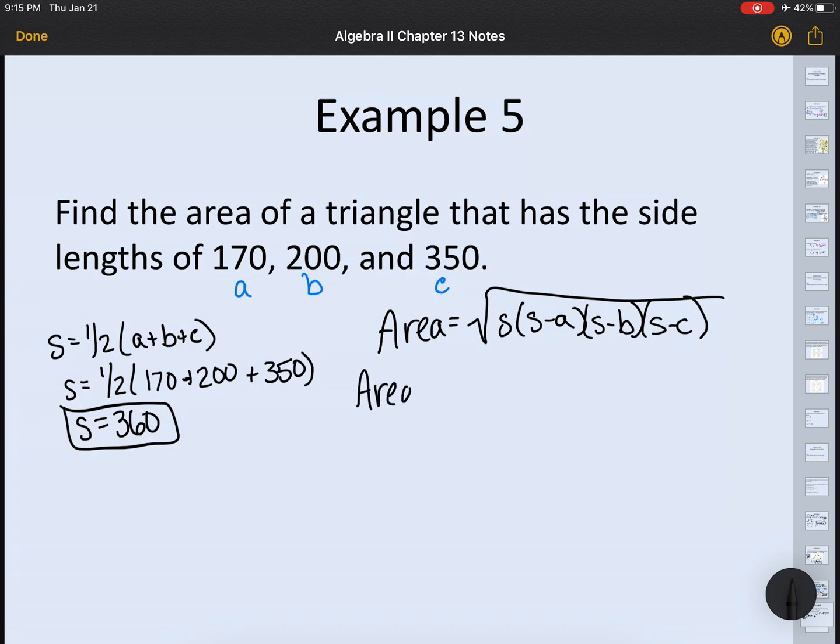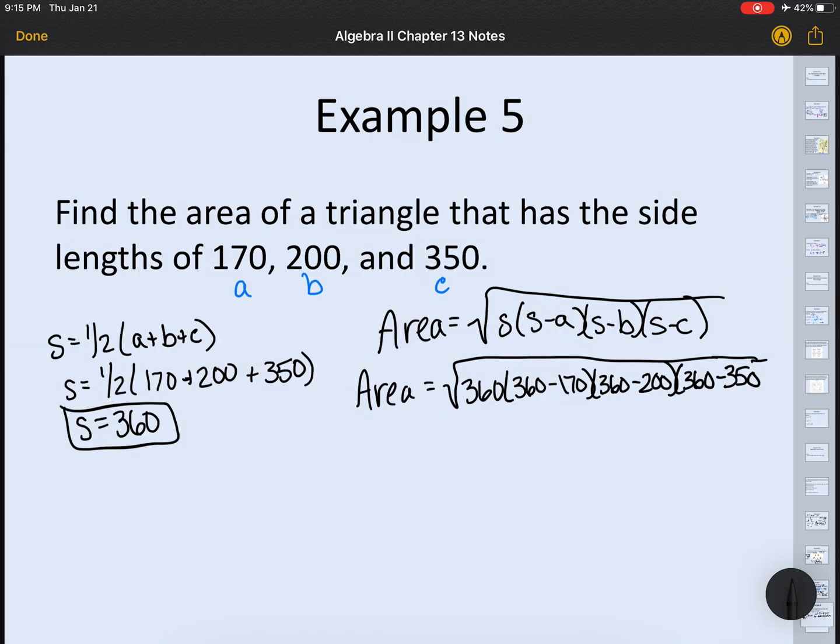So the area is going to be equal to 360 times 360 minus side length A, which is 170, times 360 minus side length B, which is 200, times 360 minus side length C, which was 350.